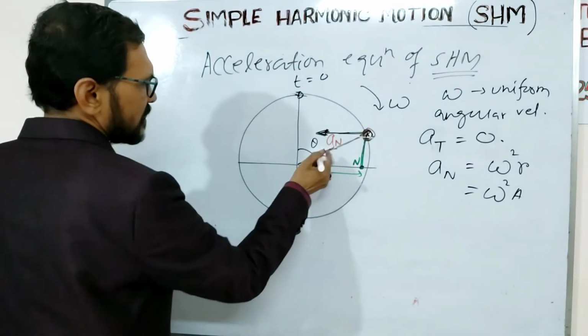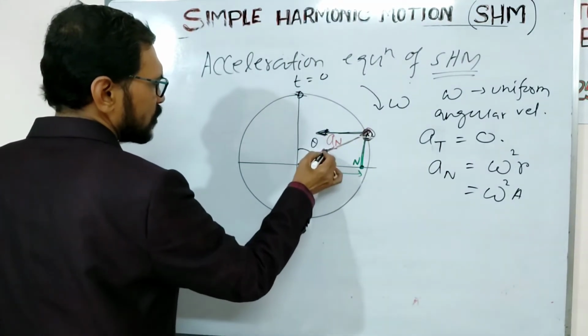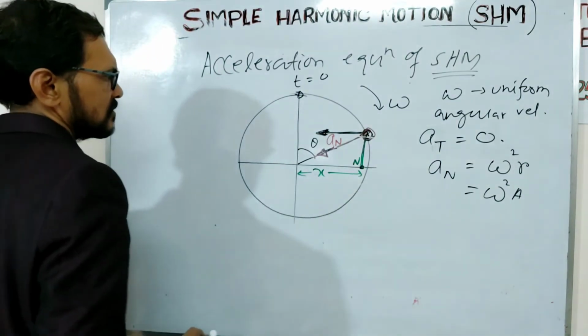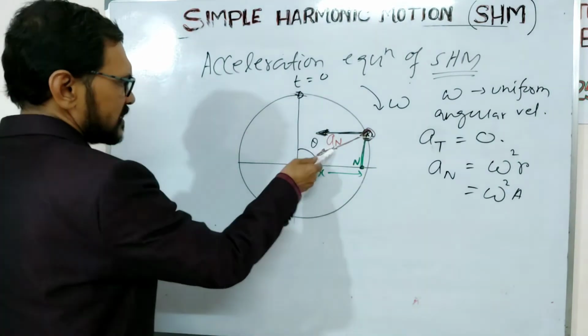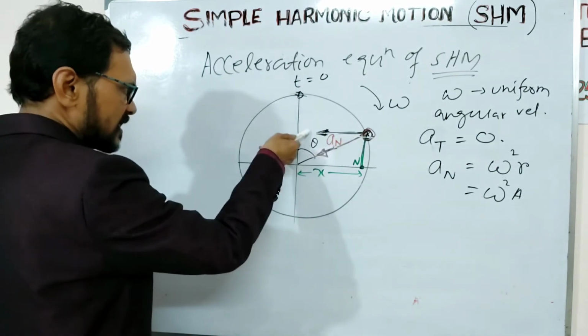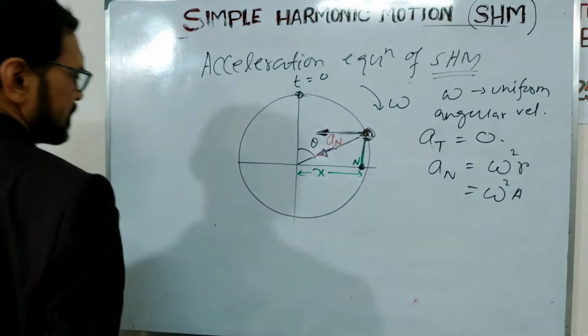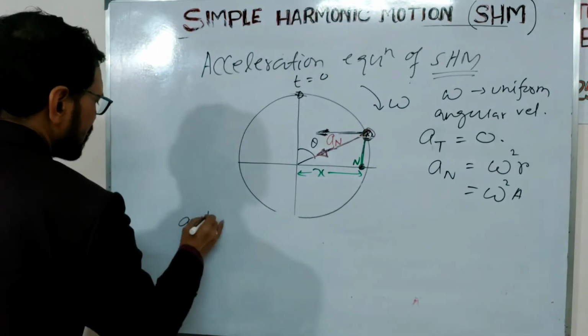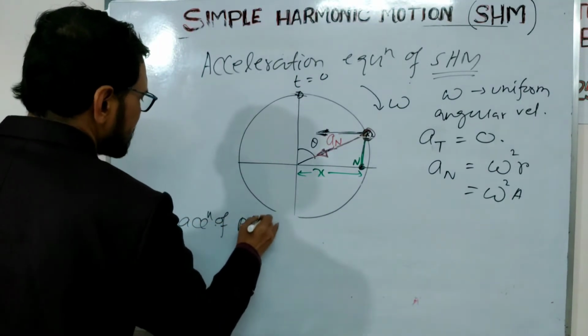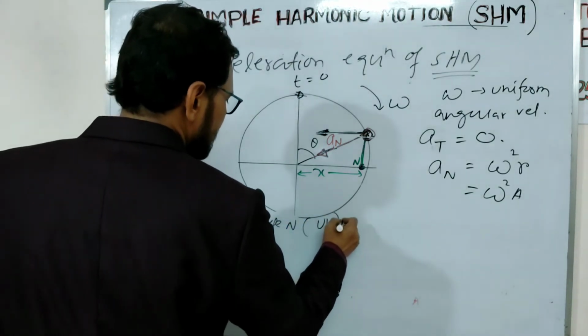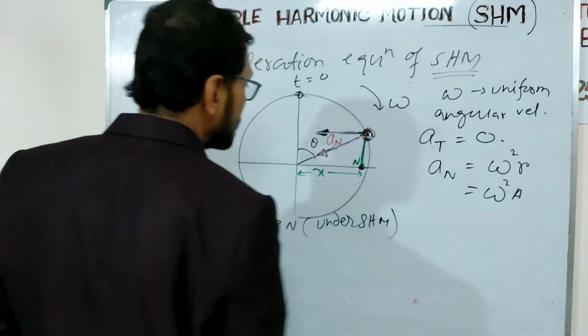The component of this along the horizontal direction will be the acceleration of the particle n, which is under SHM.